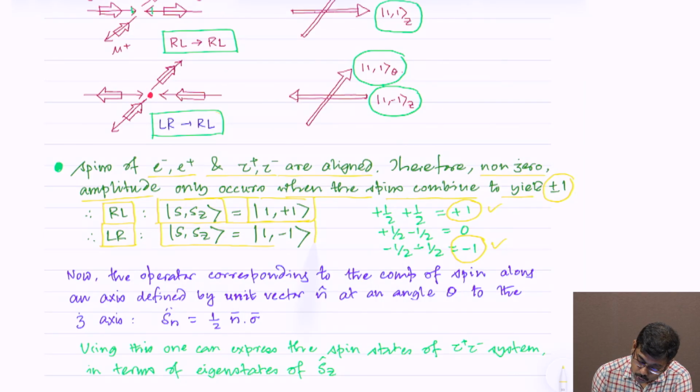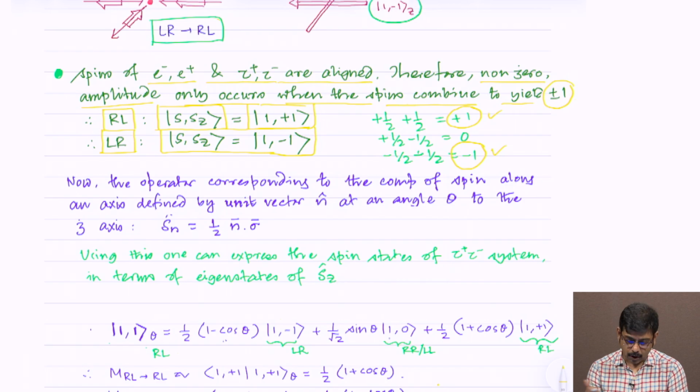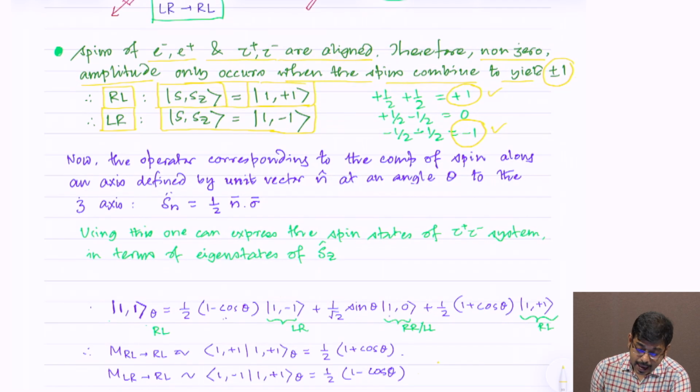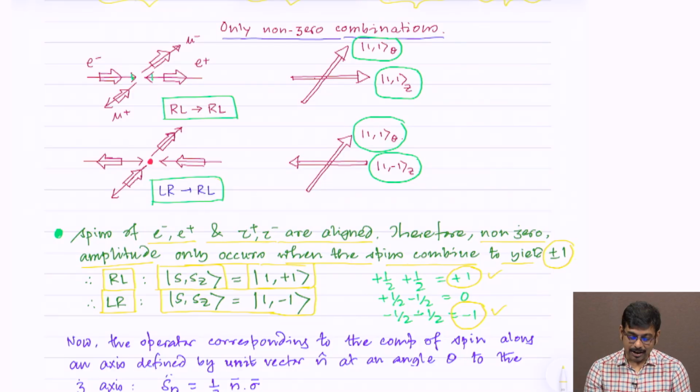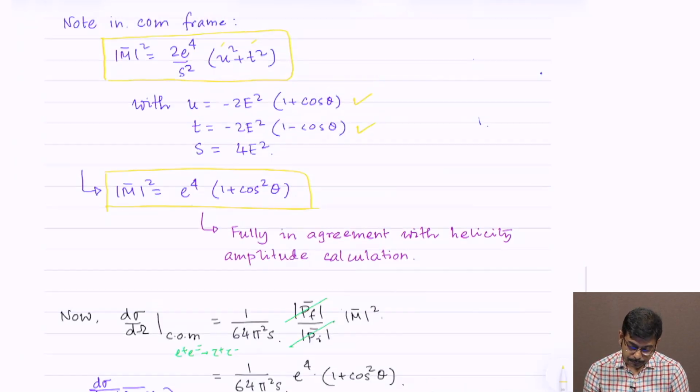Therefore these are the two spin configurations which are contributing to the initial state electron positron beams or currents.